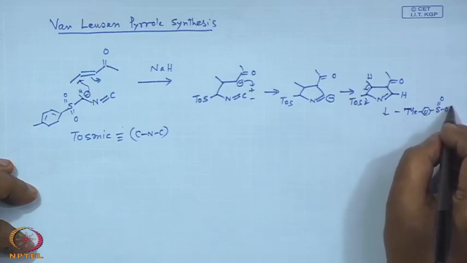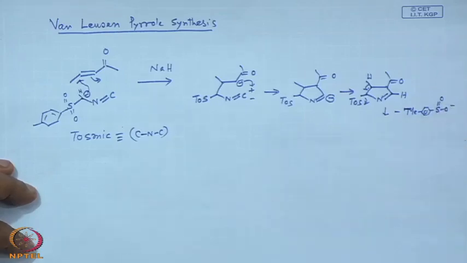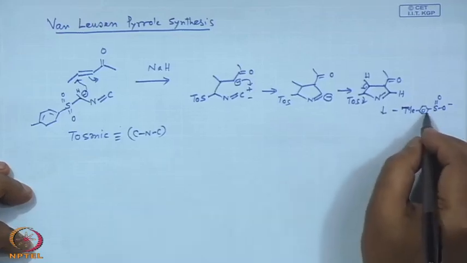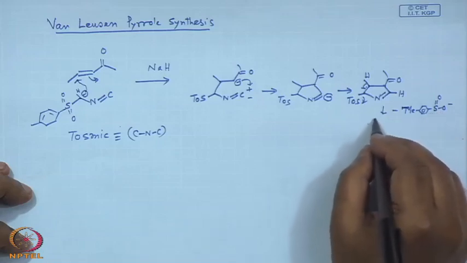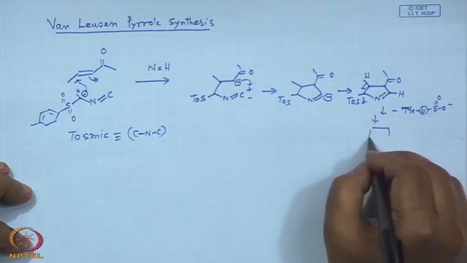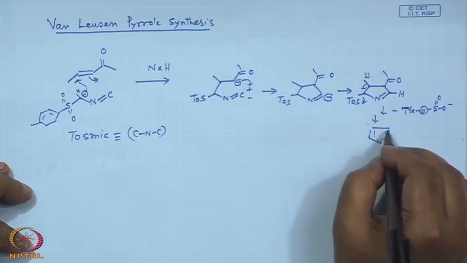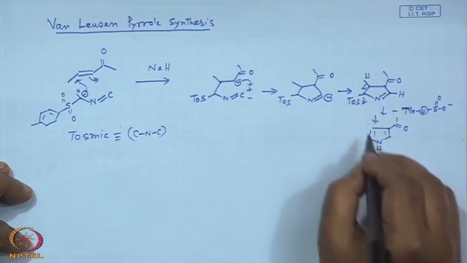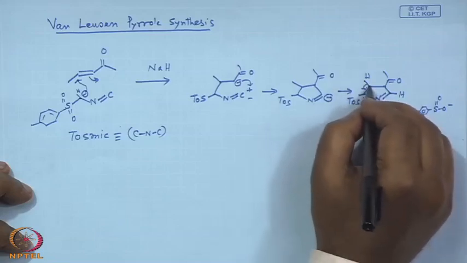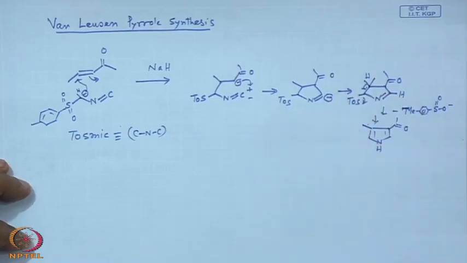You will be getting this, minus methyl, phenyl sulfinate. This is sulfinate, not sulfone, sulfinate, and then isomerization etcetera. Eventually, if you do the isomerization, you will get this pyrrole here, I think, where there is a methyl group here and a methyl group here.